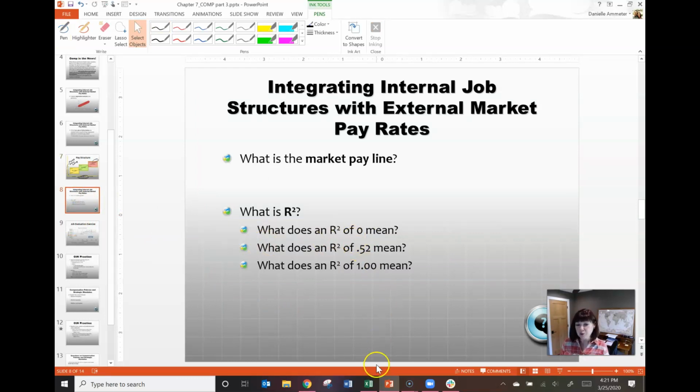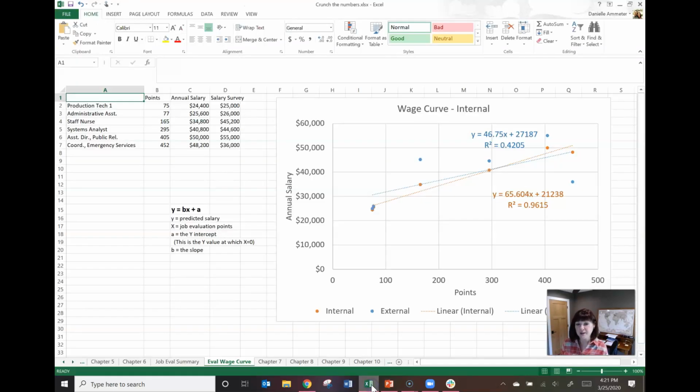So what I want to show you as well, besides that pay structure exercise, is the job evaluation exercise that we just did in chapter 6. That was where we were looking at the healthcare system. You looked at all those job descriptions for the 6 benchmark jobs, and then you assigned job evaluation points to those jobs based on the compensable factors in that job evaluation guide.